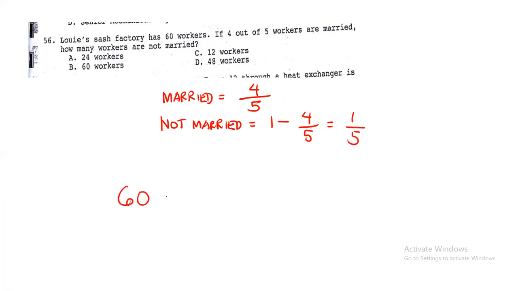So, 60 workers times 1 over 5 is equal to 60 divided by 5 is 12 workers. Or 48. How many workers are not married? So tama, 12. So letter C. Kapag ang tinanong is married, sa 4/5 mo siya i-times.